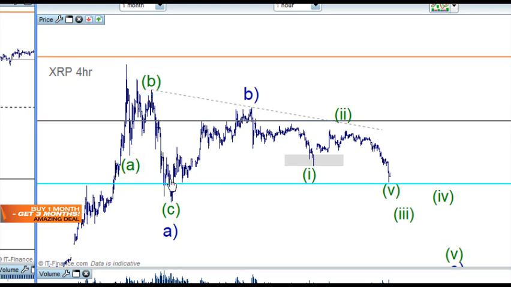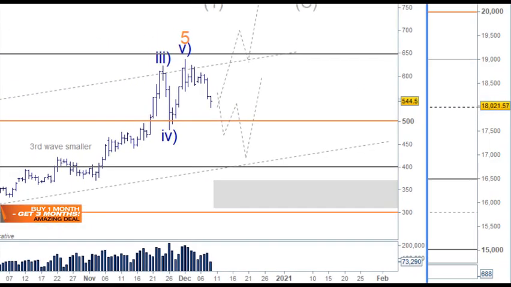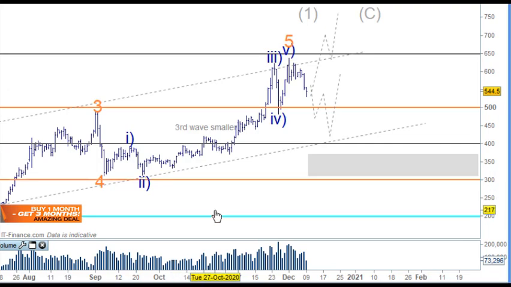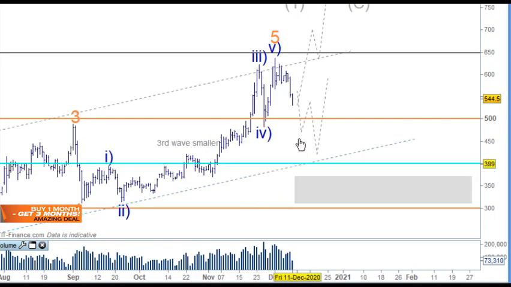So that's why it's telling me that this is a corrective market. But the spanner in the works for that is ETH over here, having this 1, 2, 3, 4, and 5 finishing up here. So it could have a deeper correction here for all of this, unless it gets supported above this low here, and looking at this as wave 1 here and back for wave 2, and then moving up through here.